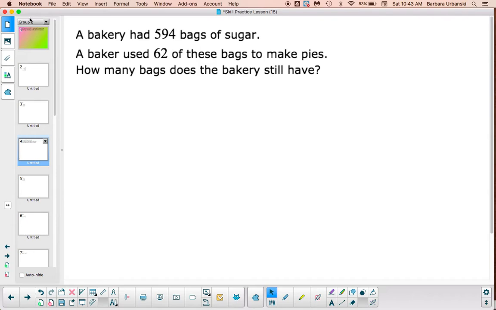If they have 594 bags, and they use 62 of the bags, and they're asking how many does the bakery still have? Think about what operation you would be using. And really, we're just going to be either adding, subtracting, multiplying, or dividing. So make sure you think about it and see if it makes sense. And in your notebook, go ahead and perform the operation and get your answer.